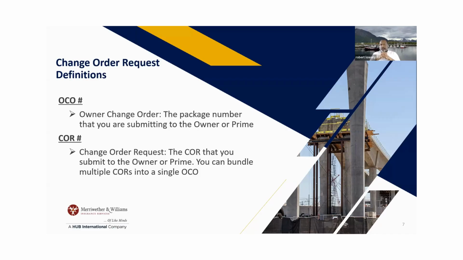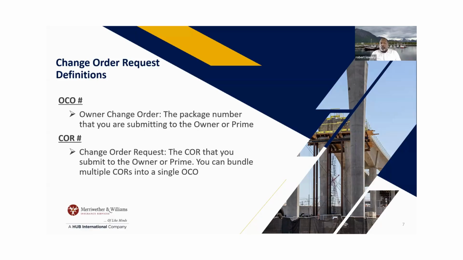And you can bundle change orders into a single OCO. So it could be OCO 001, and then within that package you could have change order 2, 3, 4, 19, however they want to package it. So you want to make sure you're asking up front, how do you want these change orders? Do you want them one-to-one, or do you want to put them in a bundle and then submit?